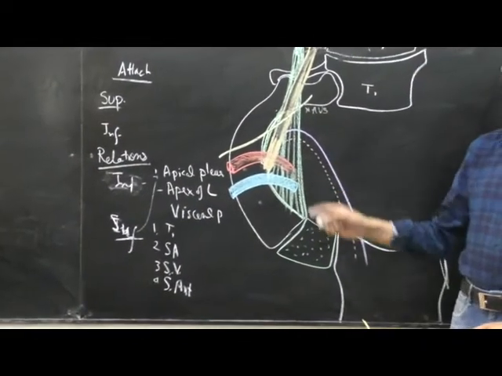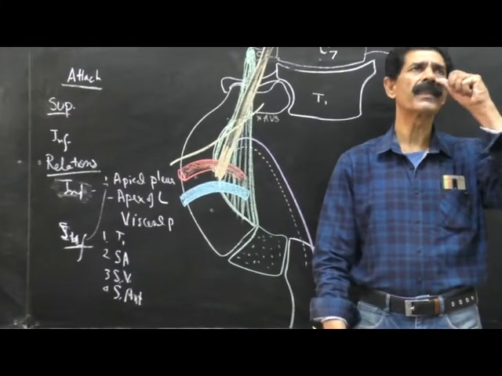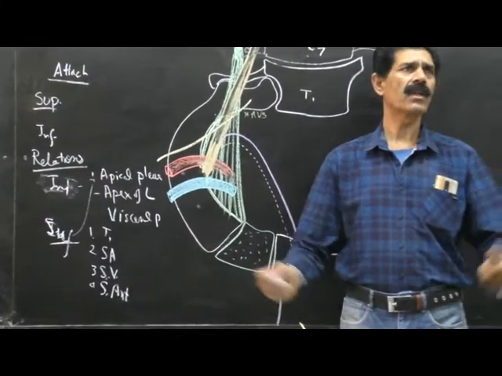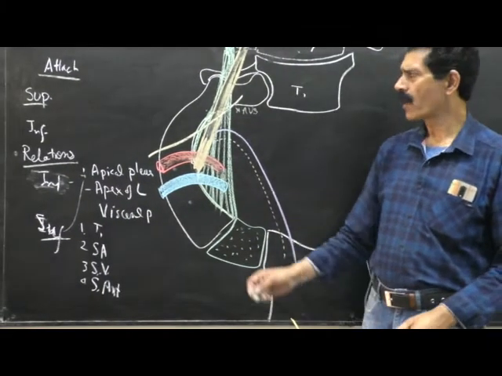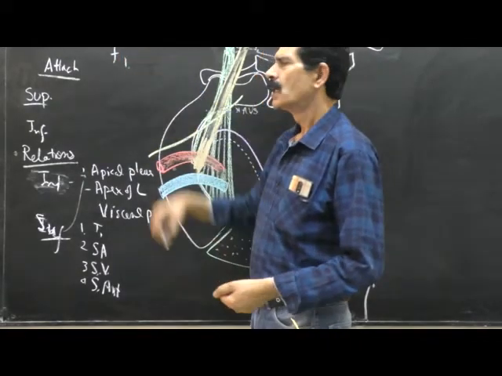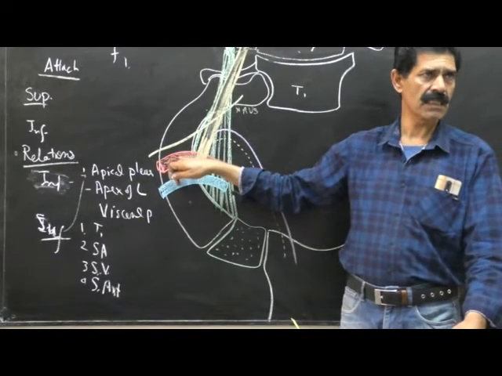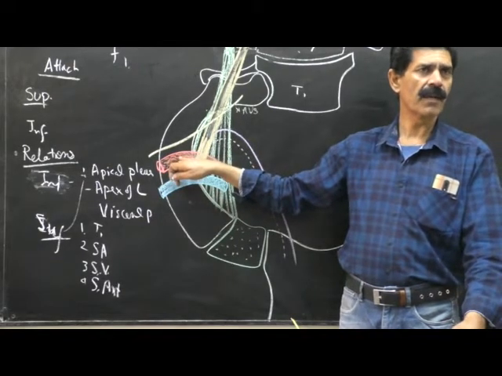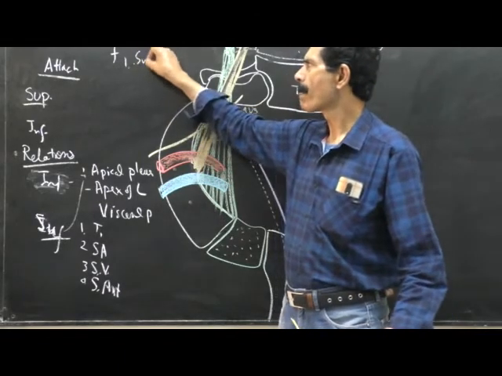Now comes the function. Why is this membrane present? The function is, number 1, first it supports the larger vessels, the subclavian artery and subclavian vein, so it gives support to them.